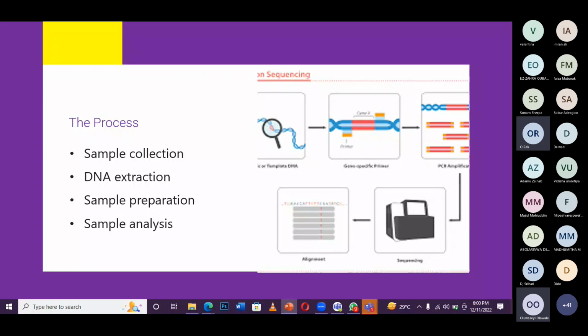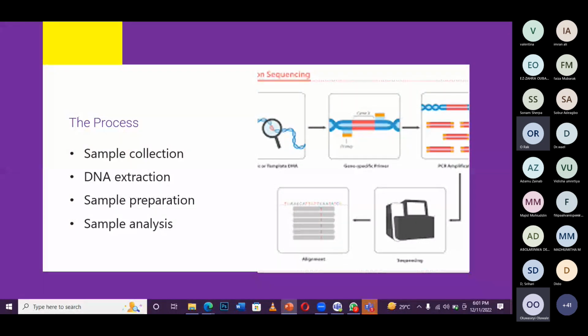You can download similar papers on 16S metagenomic studies and see how it is done. And the other one is shotgun sequencing. But this is the process for both. You get the sample collection, DNA extraction at the sequencing lab, then sample preparation, sequencing, PCR, and then sample analysis.